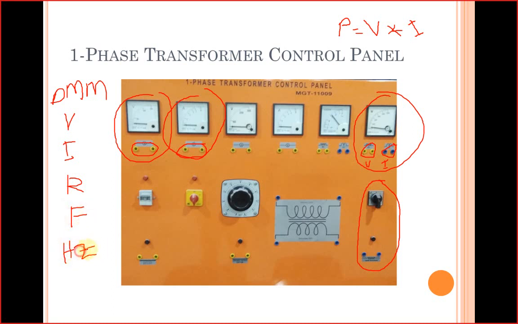All of these things can be measured using multimeters. But for the wattmeter, you don't have a replacement. So the wattmeter will be there, and for measuring voltage and current, we will surely use the multimeter.